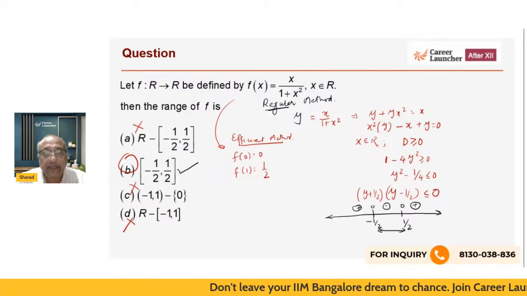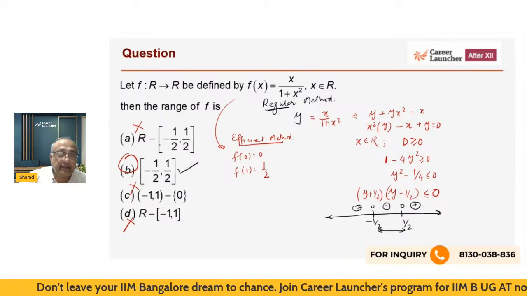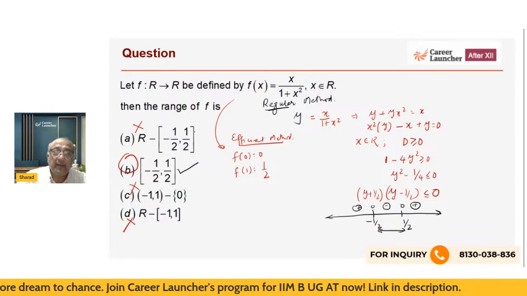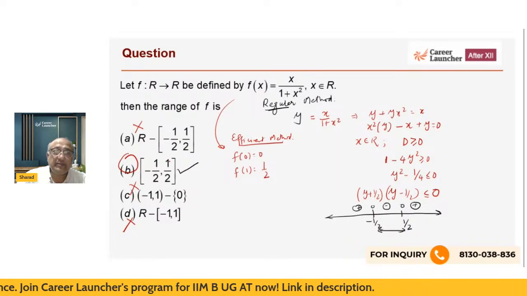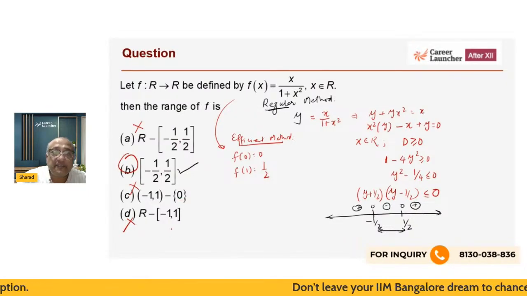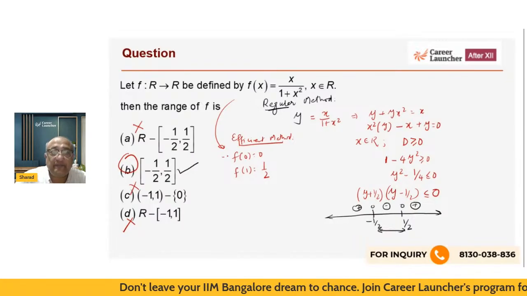Okay, I'll explain it again. I have just used the options, right? This 1 by 2, 1 by 2, there is 0 between minus 1 by 2 and 1 by 2. Here it is not there. Here also 0 is excluded, and in option D 0 is also excluded. So I just put x is equal to 0 and found f(0) is equal to 0.